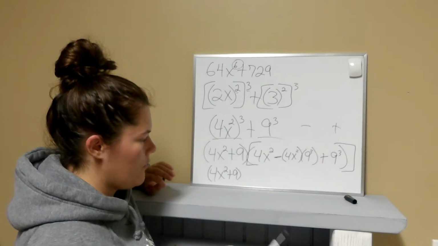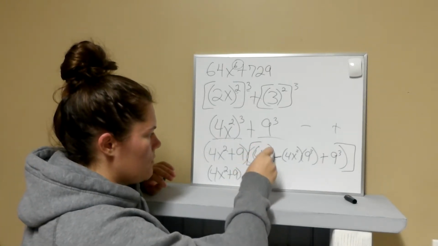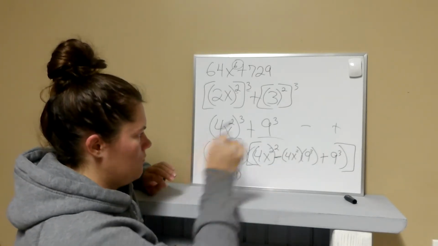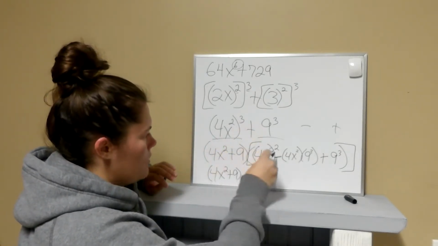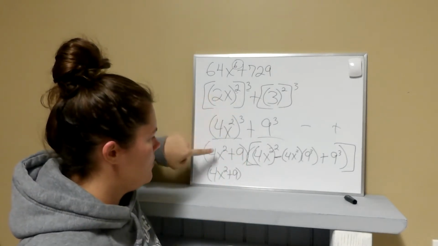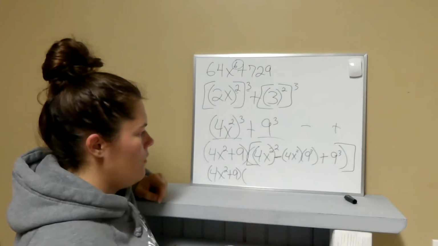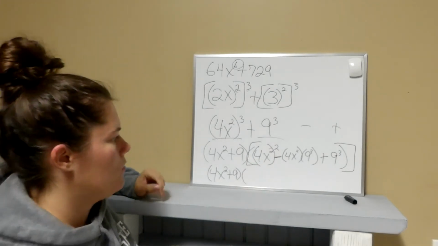And I totally forgot to square this because you're supposed to square the first term. Squaring, because you took one out, so then it's squared. Because here you have it cubed, you took one out, so now you're squaring it. So then you have 4x squared squared.